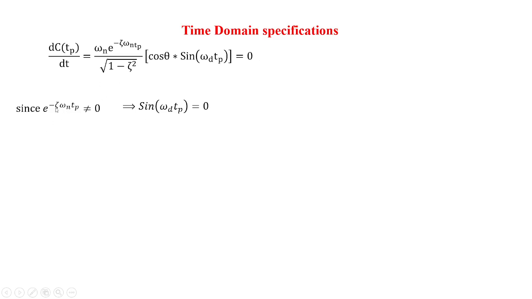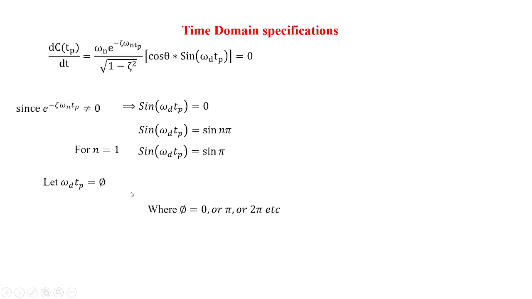And since this exponential term is not equal to 0, we are going to get the value of tp, which is equal to pi by omega d, or you can replace this omega d by omega n under root of 1 minus zeta square. So this expression holds good for peak time.